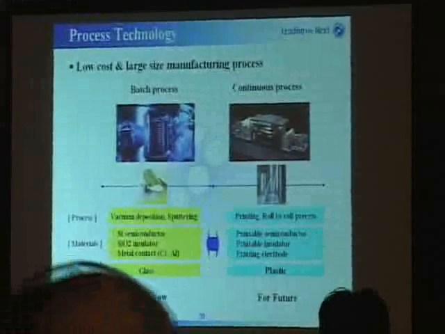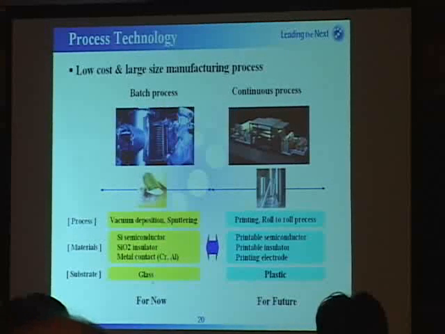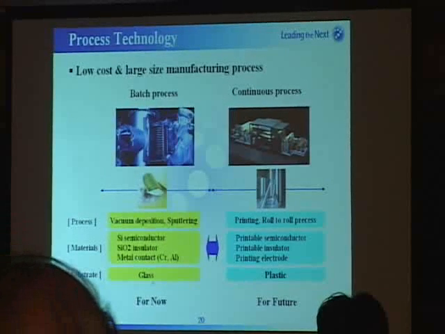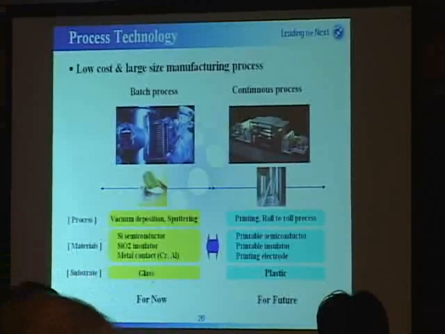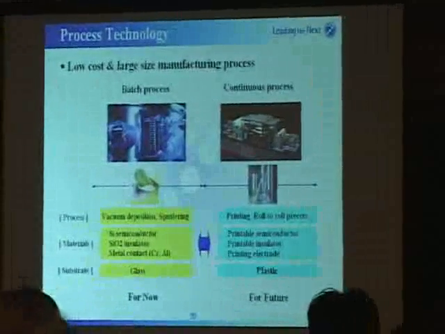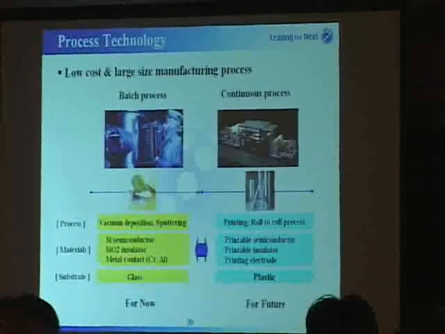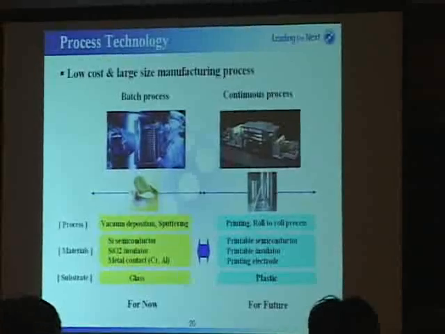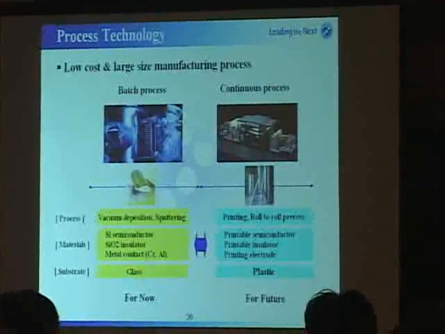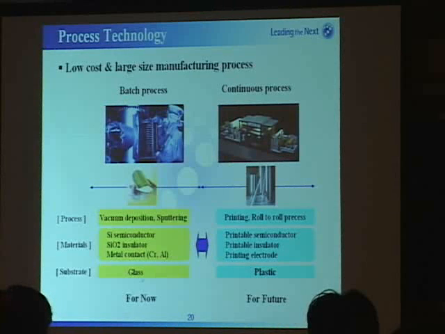Next, process technology. Low-cost and large-size process technology should be developed. This picture shows a comparison of the batch process and the continuous process. In the batch process, silicon semiconductor and SiO2 insulator materials are deposited by vacuum deposition and sputtering techniques on a glass substrate.